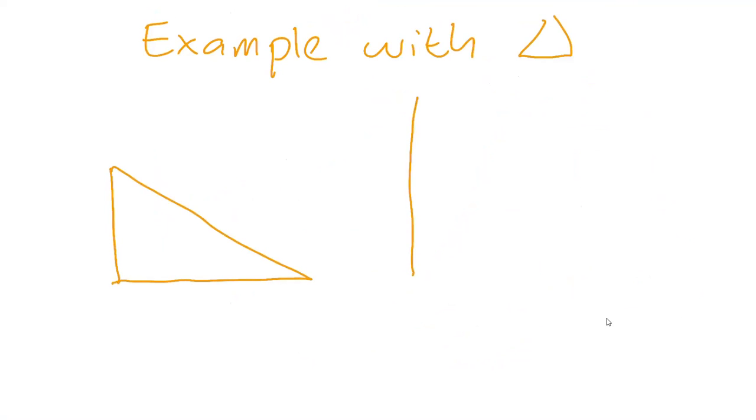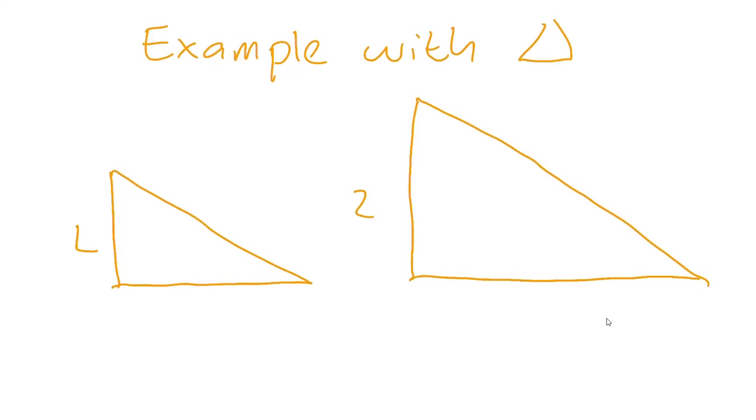We're just going to draw it, and all we're going to do is scale up that triangle exactly to double the lengths. So if we call this L, we're going to call this 2 times L. But what do you remember about the area of the triangle? If I call this area 1, and this area 2, what happens to the area when I double the lengths?